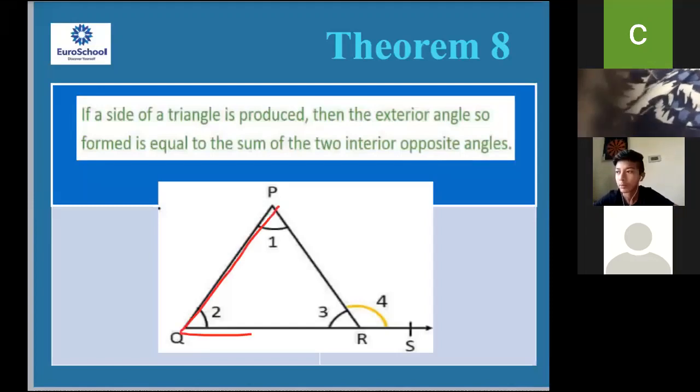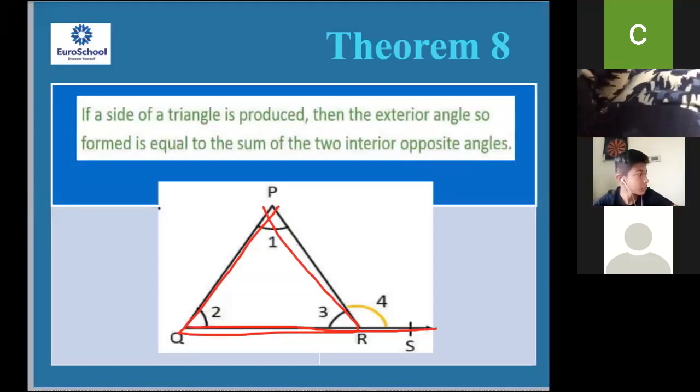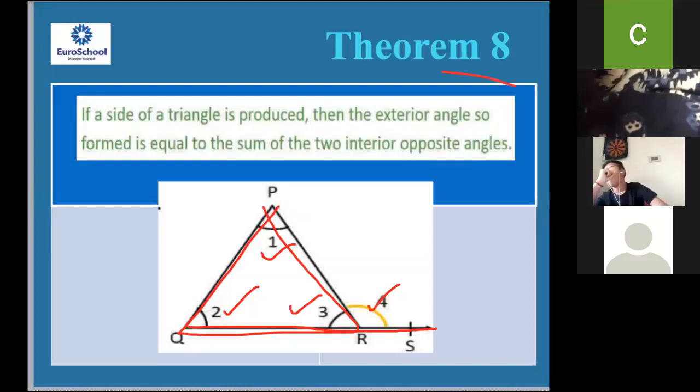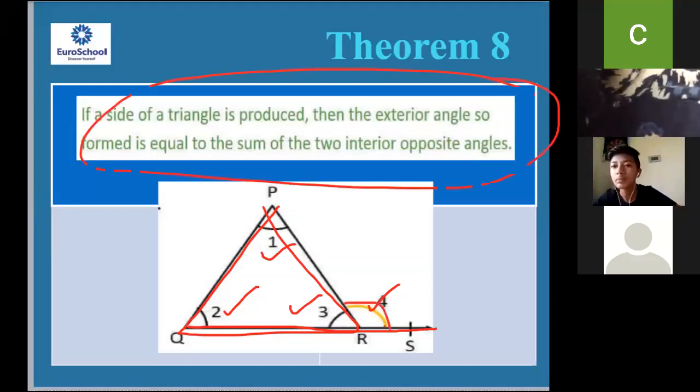PQR is a triangle, and the side QR is extended. When you observe, children, angle 1, angle 2 and angle 3 are the three interior angles, whereas angle 4 is an exterior angle. So according to the theorem, this exterior angle, angle 4, is equal to the sum of opposite interior angles.